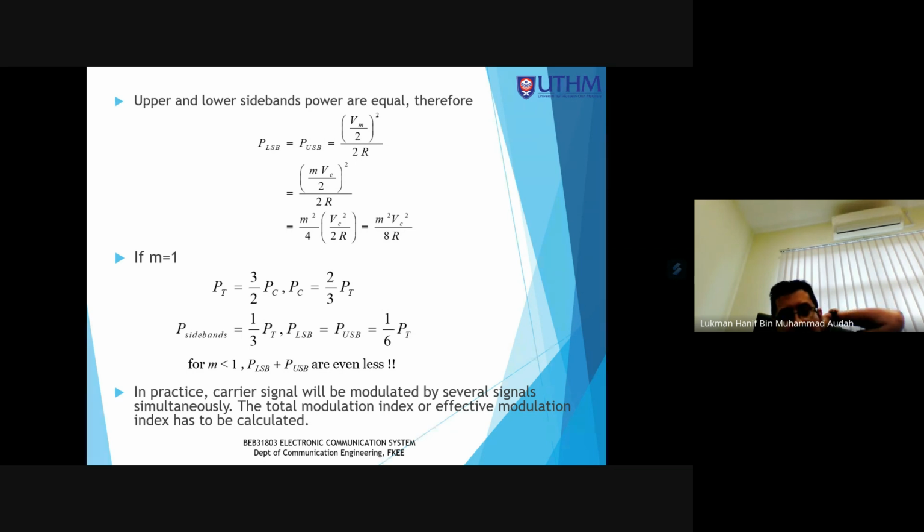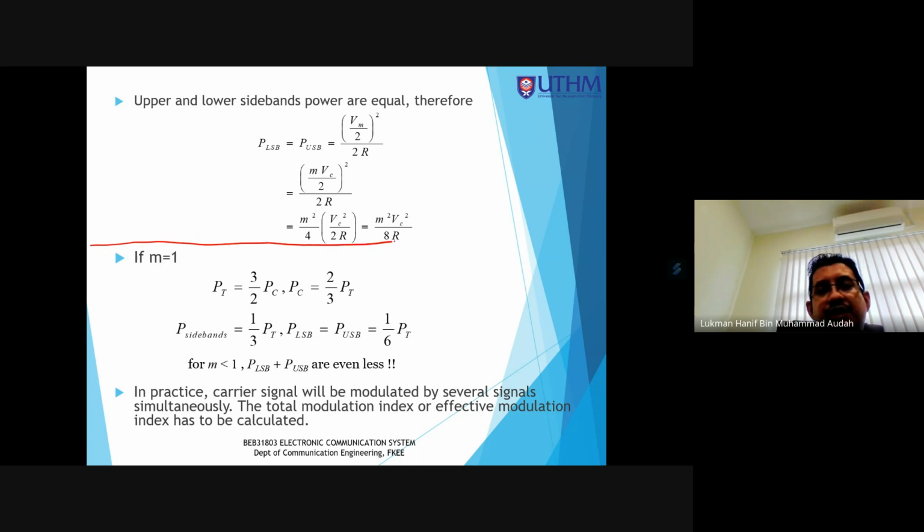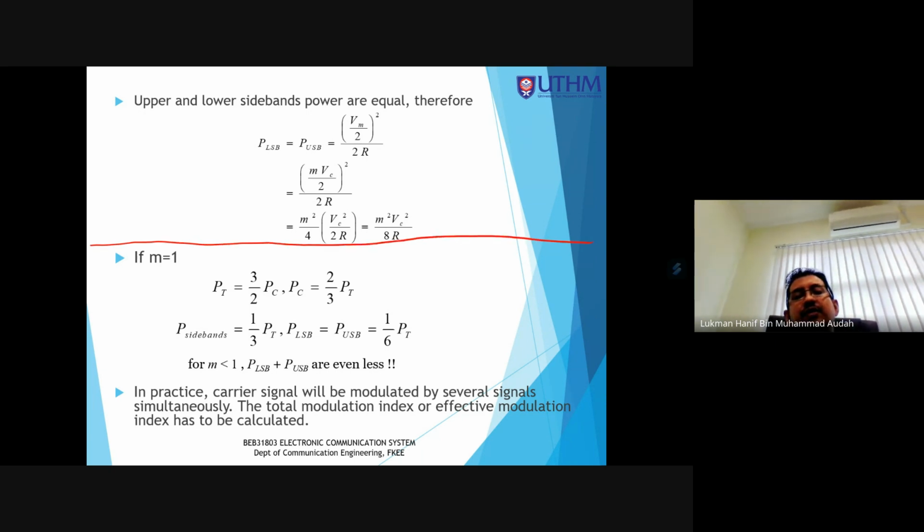From these pictures, I think we already learned the upper side. So if I draw a line like this, the power of the lower sideband is equal to the power of the upper sideband, which is equal to Vm over 2 square divided by 2R.